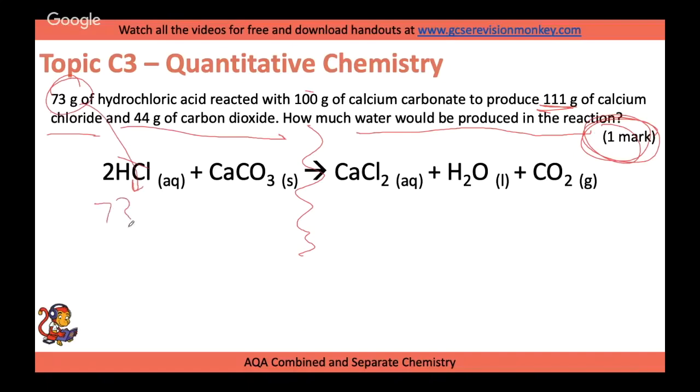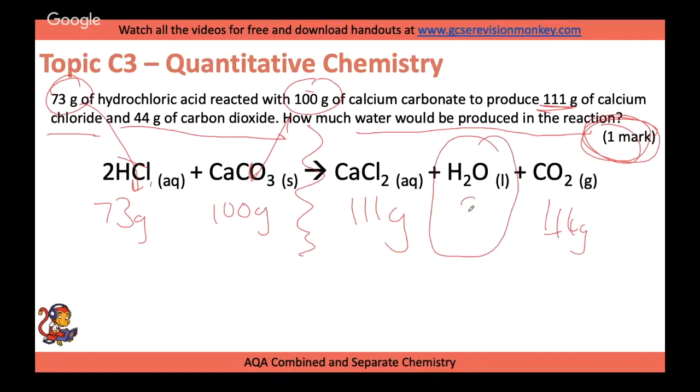So we take the information from the question down here. So 73 grams of hydrochloric acid reacts with 100 grams of calcium carbonate to produce 111 grams of calcium chloride and 44 grams of carbon dioxide. So that leaves out this. That's what we need to work out.